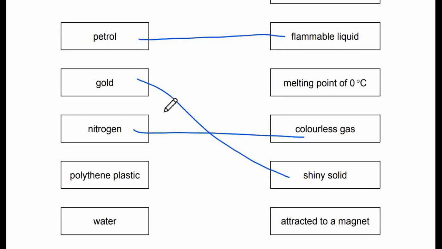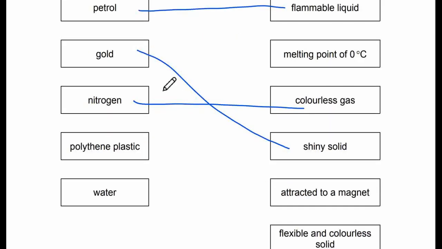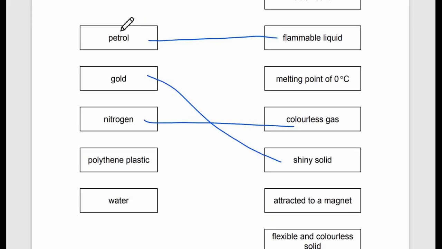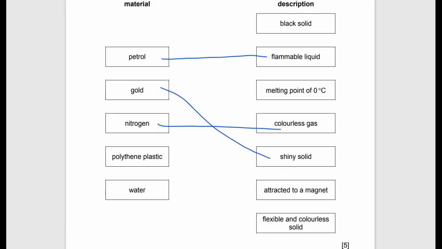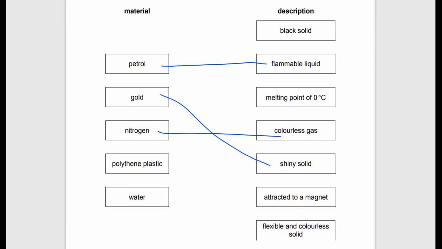will be, let's see the choice. So there's one more, I just move this out. Okay, polythene plastic will be flexible and colorless solid.